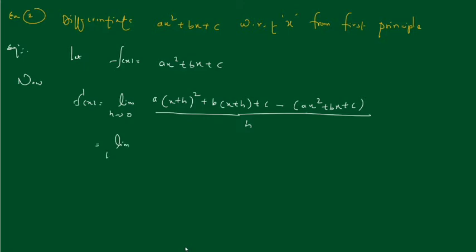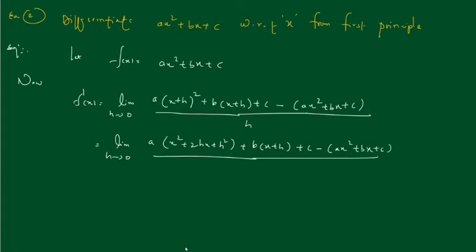Limit h tends to 0, a as it is. Now expanding the x plus h whole square form, that is x square plus 2xh plus h square, plus b times x plus h plus c minus of ax square plus bx plus c, over h, right?